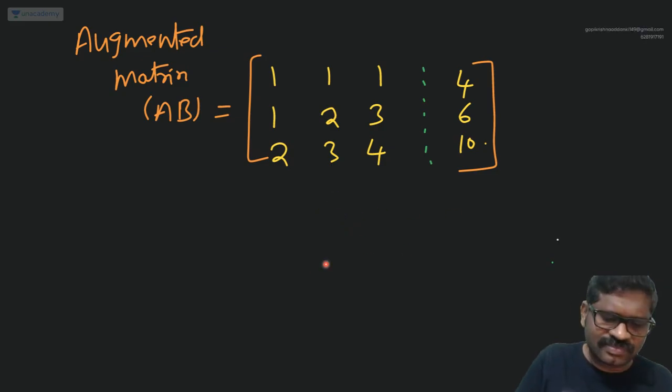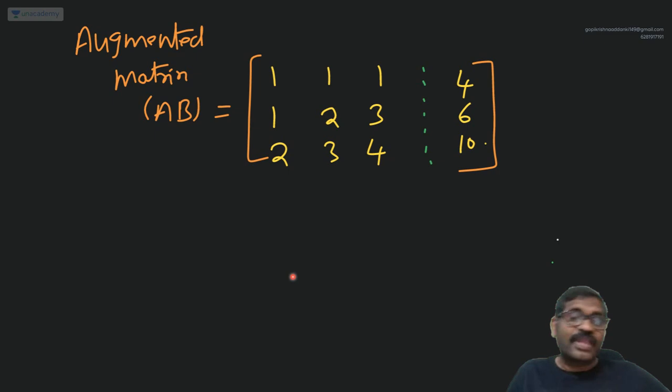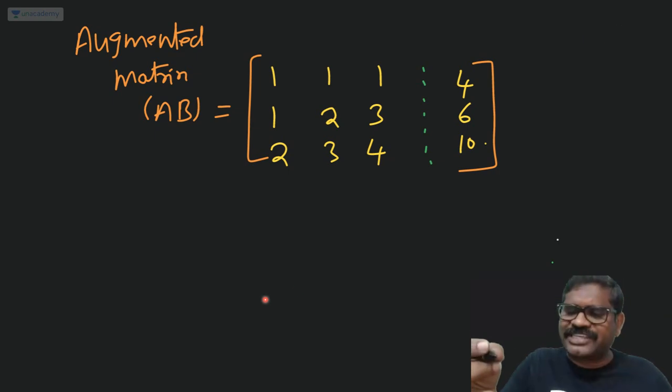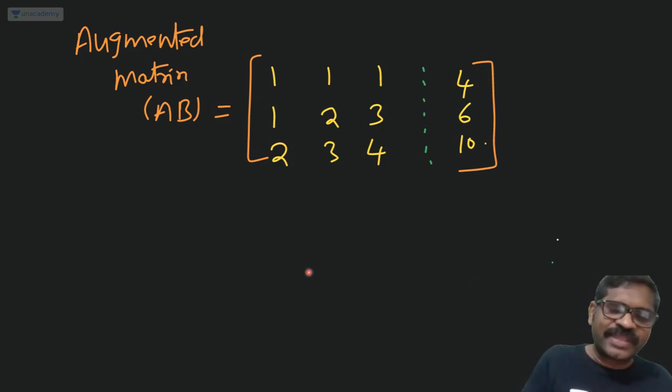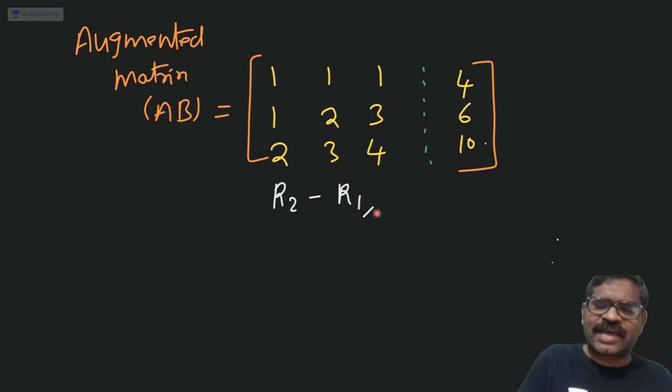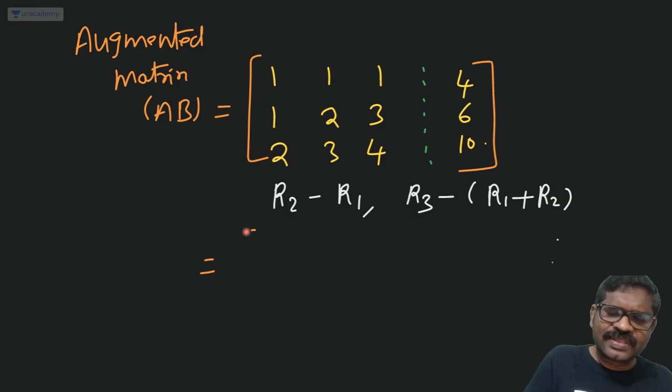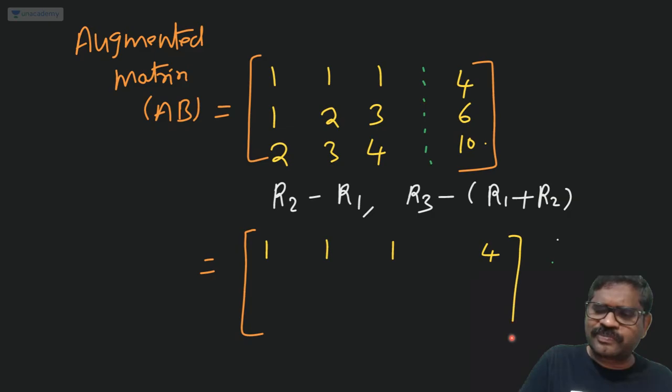Observe. Apply the operations, because I have to reduce the augmented matrix AB to echelon form to get the rank of A as well as the rank of AB. That's why R2 minus R1, R3 minus R1 plus R2. 1, 1, 1, 4. 1 minus 1, 0. 2 minus 1, 1. 3 minus 1, 2. 6 minus 4, 2.